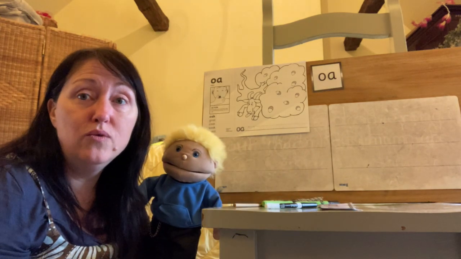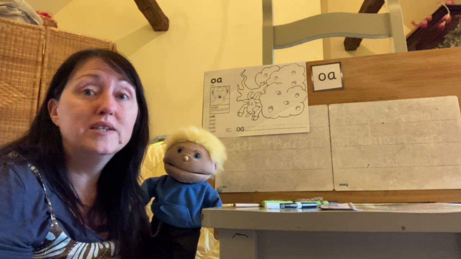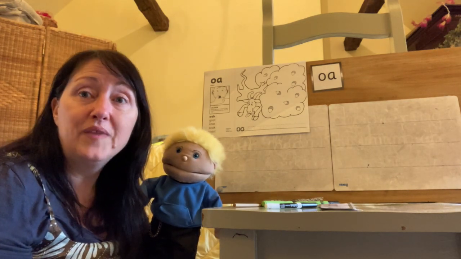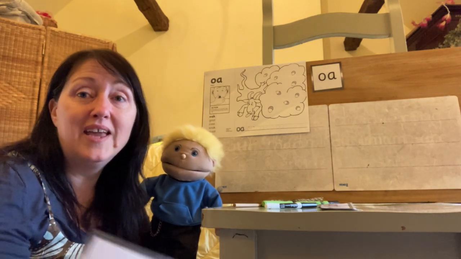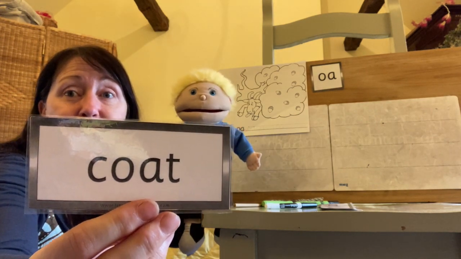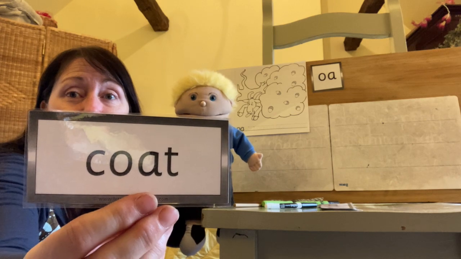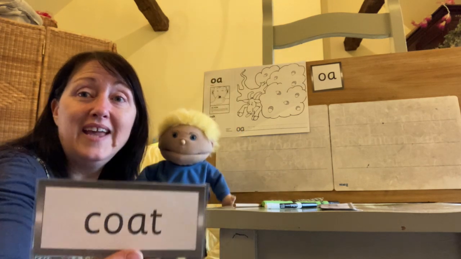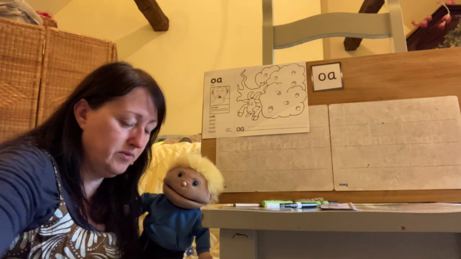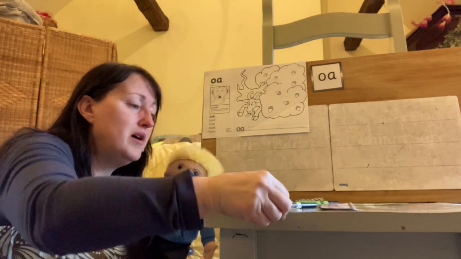So I'm going to show you a word. You can press pause and have a go, and then me and Fred will show you how we read that word. Okay, here we go. Have a look. Okay, you can press pause now. Okay, now me and Fred are going to show you how we work that word out. So let's get a bit of blue tack on the back so I can get it stuck on my board.